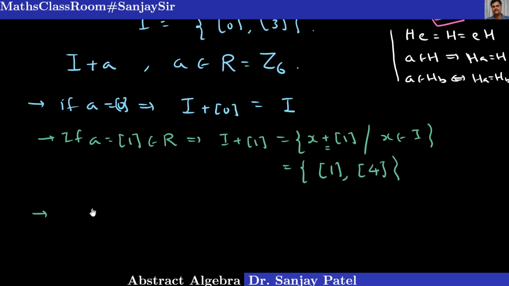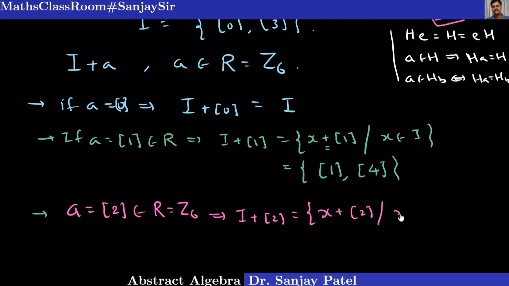Okay. Again, if I take say A is equal to 2 belongs to R, that is Z6, then I plus class 2, that is X plus class 2 where X belongs to I, gives you, putting X equal to 0, 0 plus 2 is 2, and putting X equal to say 3, 3 plus 2 is 5.